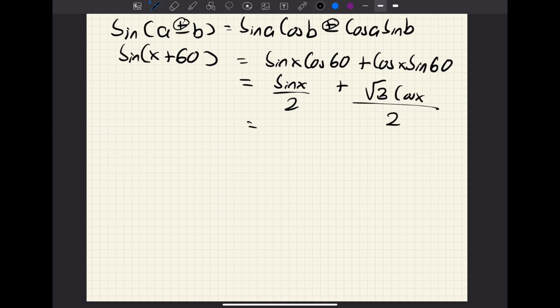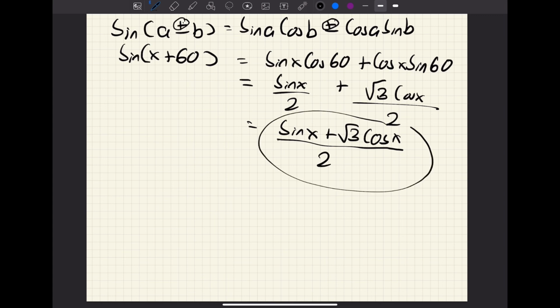We can join them together by saying sine x plus under root 3 cos x over 2, because they share the same denominator, so there's no need to take LCM. So this entire thing that I just wrote is the same as saying this. It will share the same value.